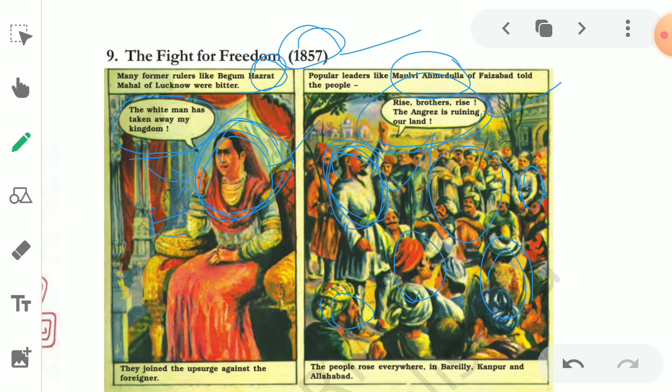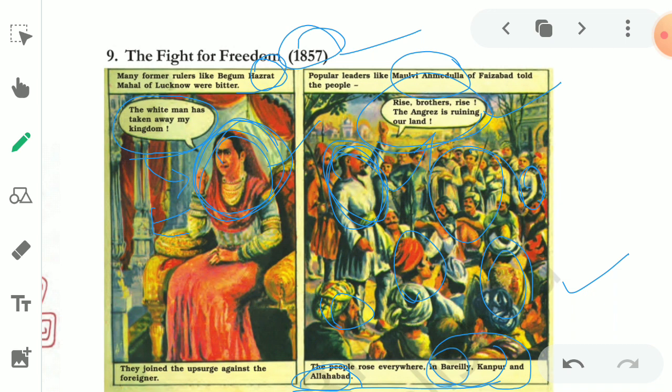In this way, we see some changes in the fight for freedom. People rose everywhere, in Bareilly, Kanpur and Allahabad.